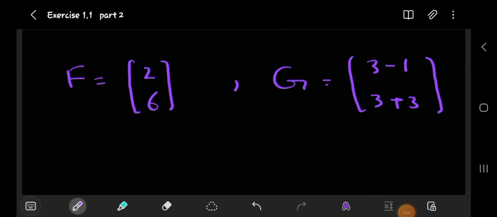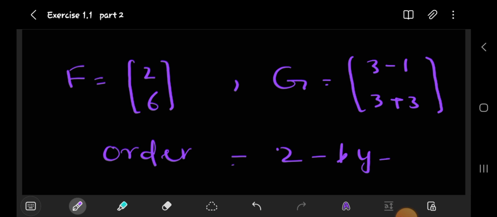Okay, we have the next part, that is F and G. Both of these matrices have order 2 by 1, because they have two rows and one column. Now if we talk about their identical elements, here we have a 2, that corresponds to 3 minus 1, which is also equal to 2.